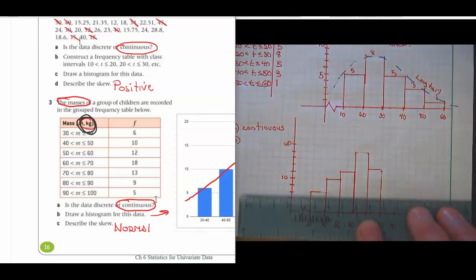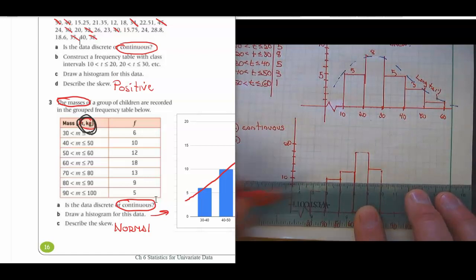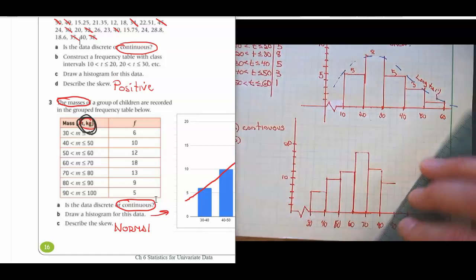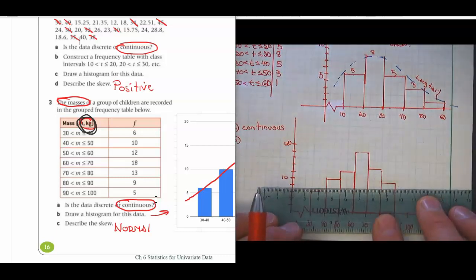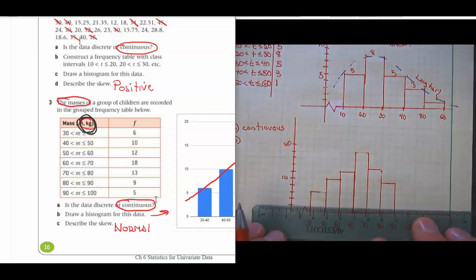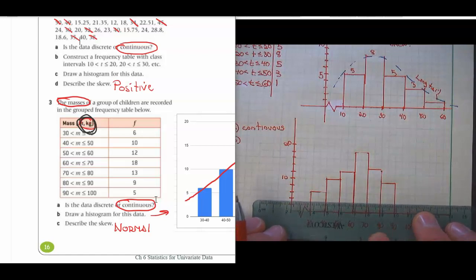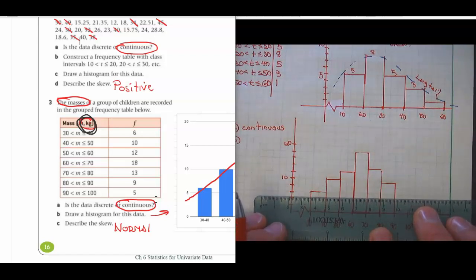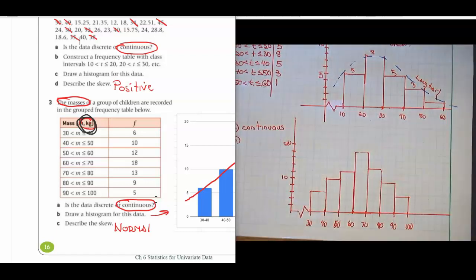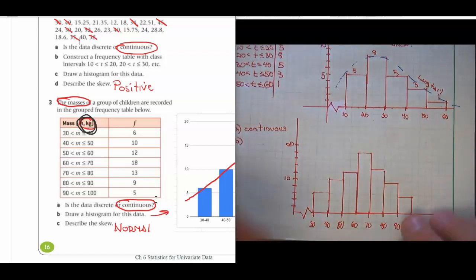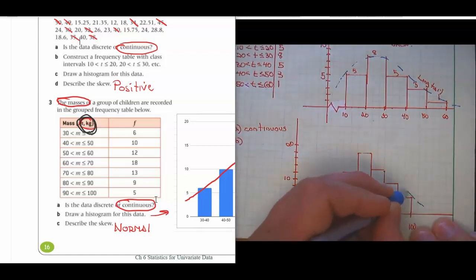Nine, 5. And there's your chart. And this one is normally distributed because it's pretty balanced.